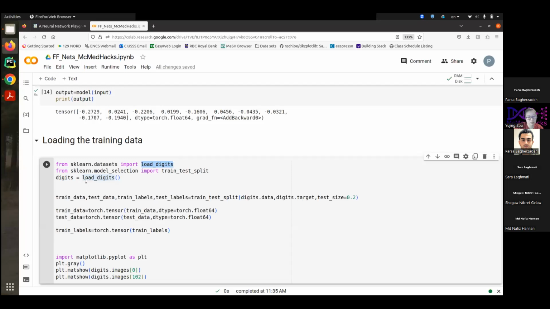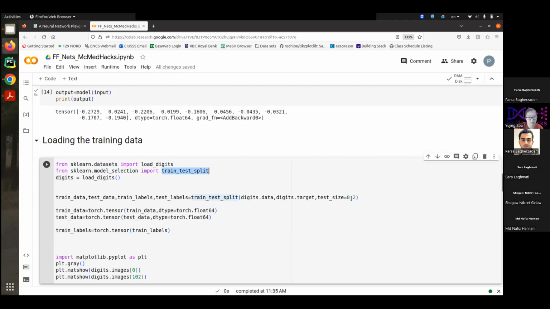Okay, so at the beginning, I'm using the train test split utility provided by scikit-learn. I suggest you get familiar with these utilities that scikit-learn provides for you. I want to split the whole data into a test portion and a train portion, into a training set and a holdout set.